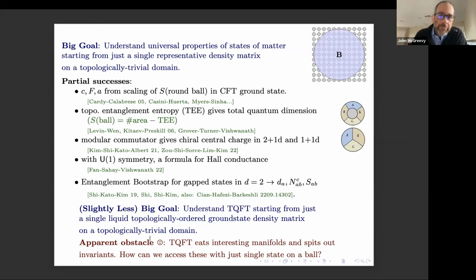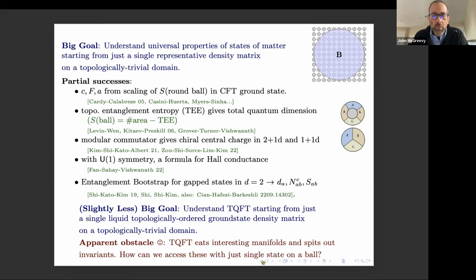But even if we say that the goal is just to extract the topological field theory data from the wave function, there's an apparent obstacle. Certainly in high energy physics, the way we usually think about topological field theory is as a machine where the input is some interesting manifold and the output is some kind of invariant, some quantity that's an integer or some other topological invariant of the manifold and of the state.